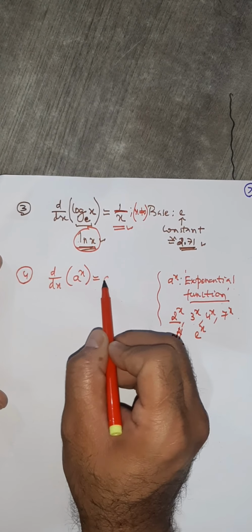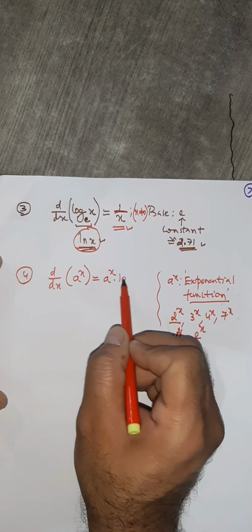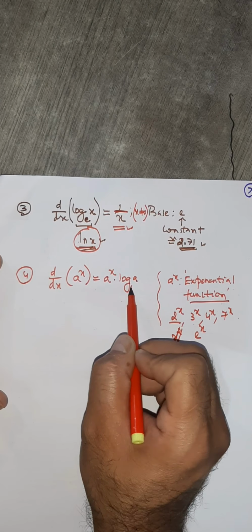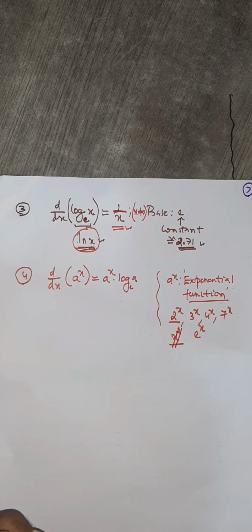The derivative of a raised to x is given by a raised to x into log a, this number to the base e. The base is e, remember here. If nothing is mentioned, in our discussion we consider the base as small e.